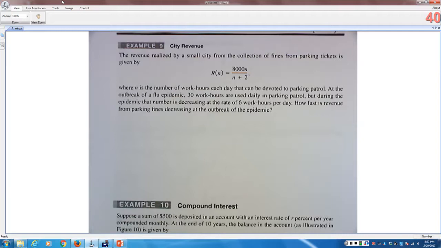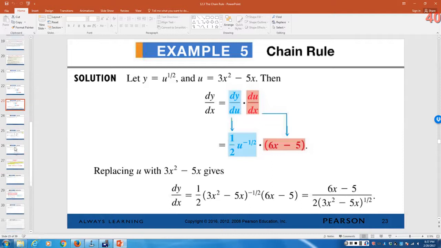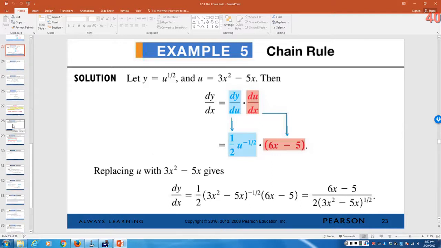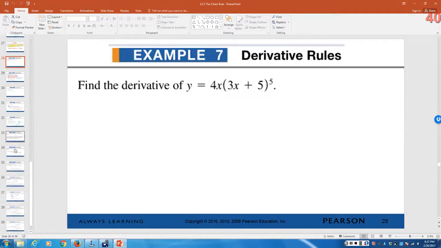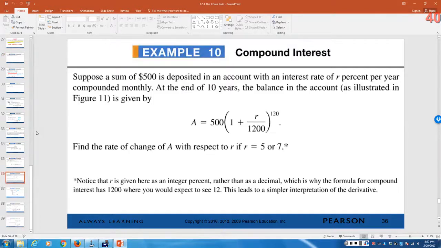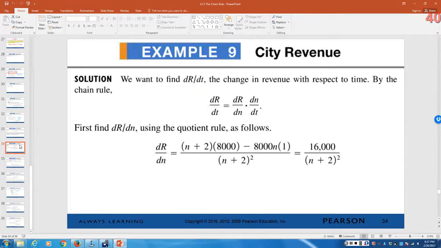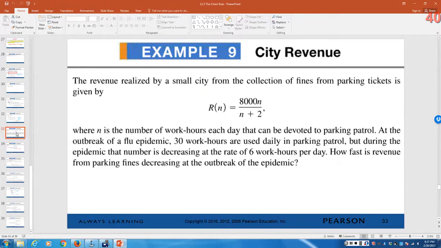Now, there's nothing about the functions that is that difficult. The harder part of this is figuring out how to set up that problem. Okay, it says how fast is revenue?